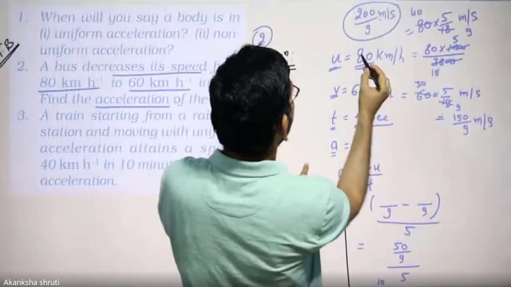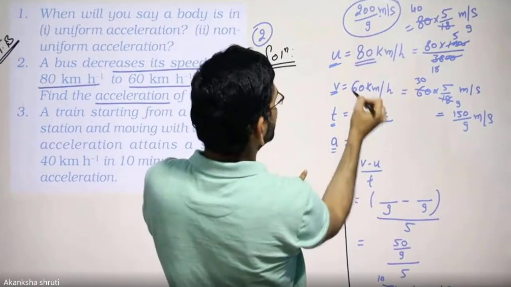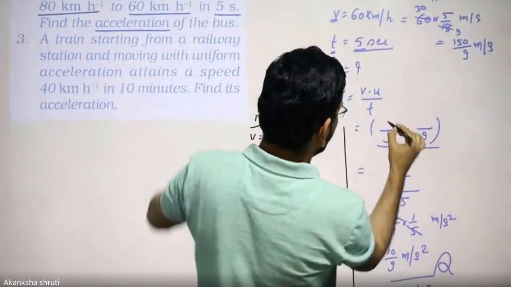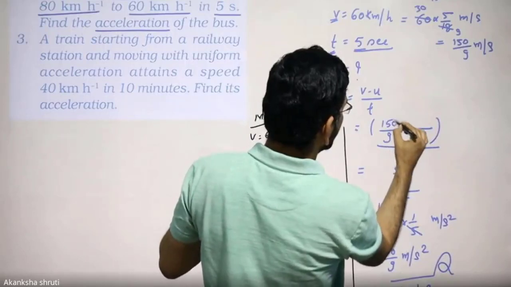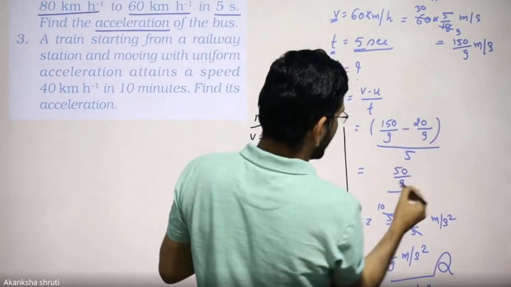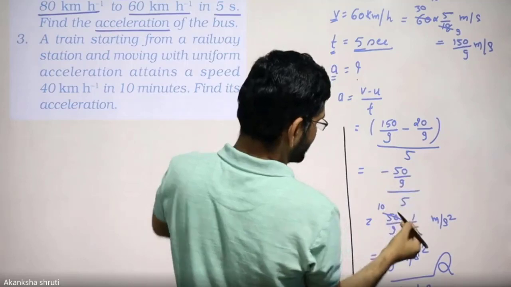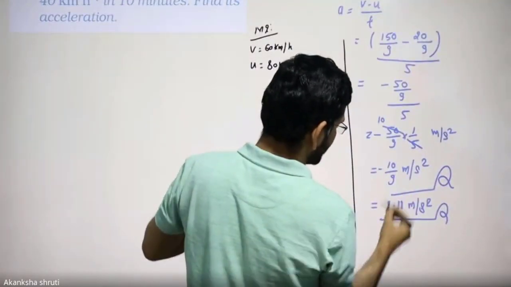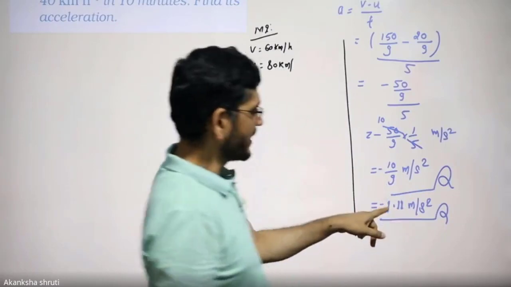V is our 150 by 9 and u is 200. So it is our 150 and 200. It gets converted into minus 50. No change, the negative sign will come only. So it will be minus.